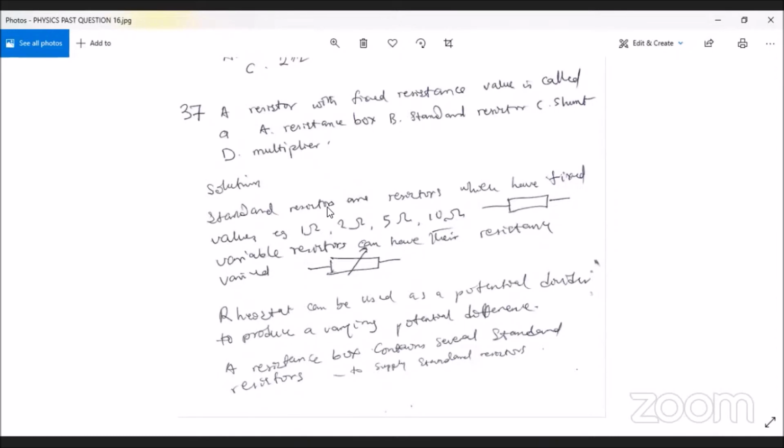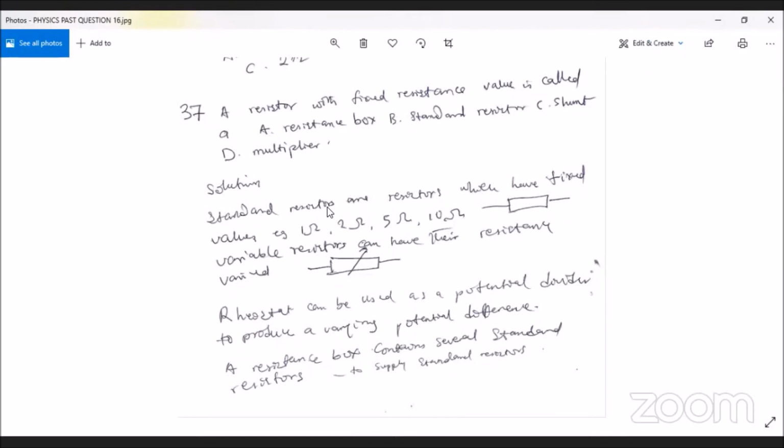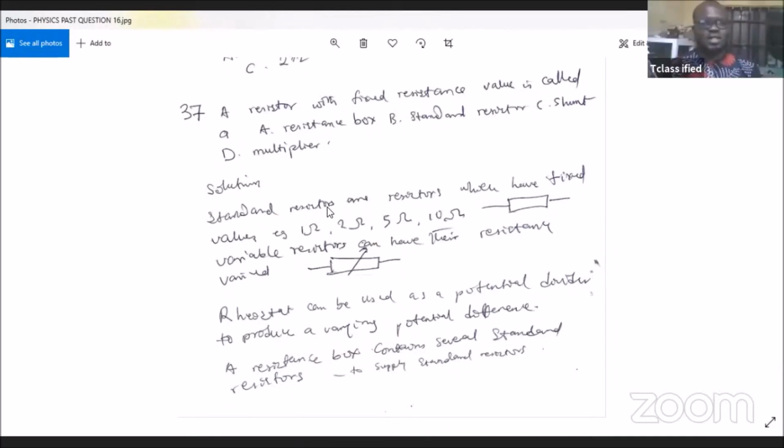Okay. A resistor with a fixed resistance value is called: A, resistance box, B, standard resistor, C, shunt, D, multiplier. So what do you call a resistor with fixed resistance value? Solution, standard resistors are resistors which have fixed values.